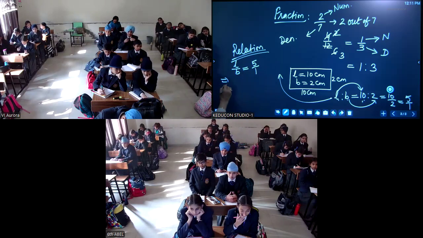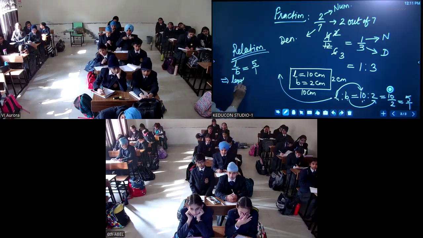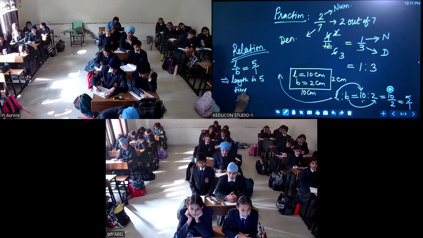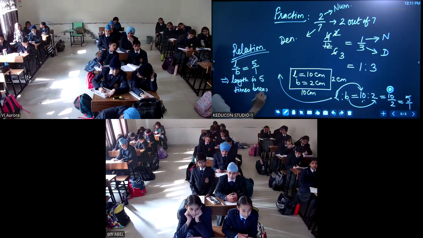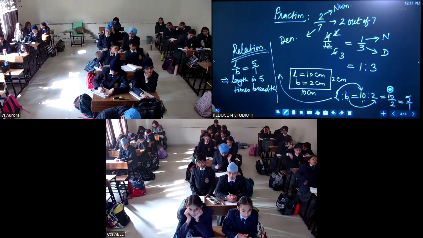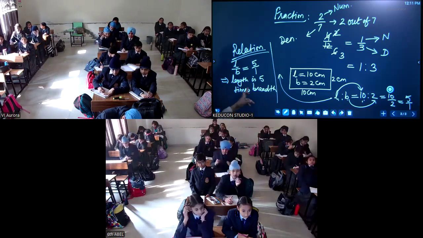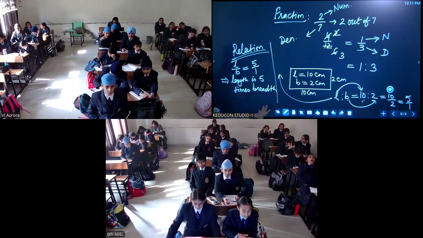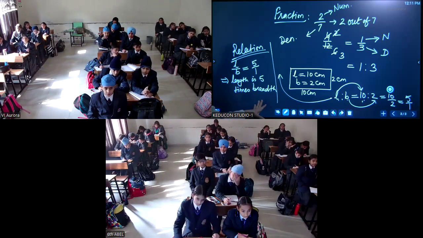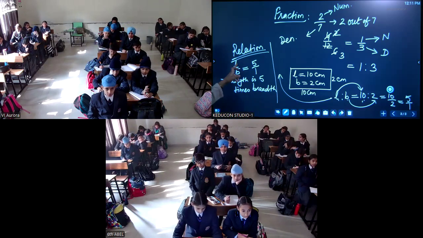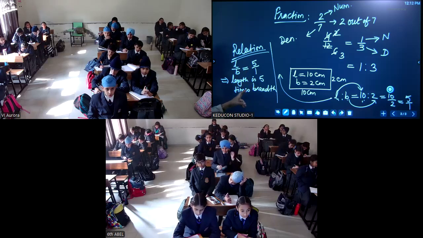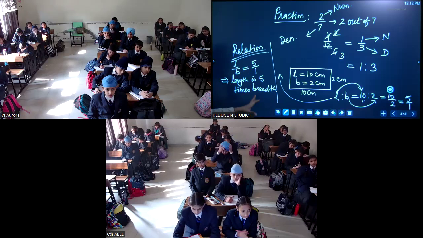It implies that length is 5 times breadth. This is the relation between length and breadth. You have come to know that the length of a rectangle is 5 times its breadth. Is it fine? You have come to know from this division, L divided by B was equal to 5 upon 1. You have come to know that length is 5 times that of breadth.